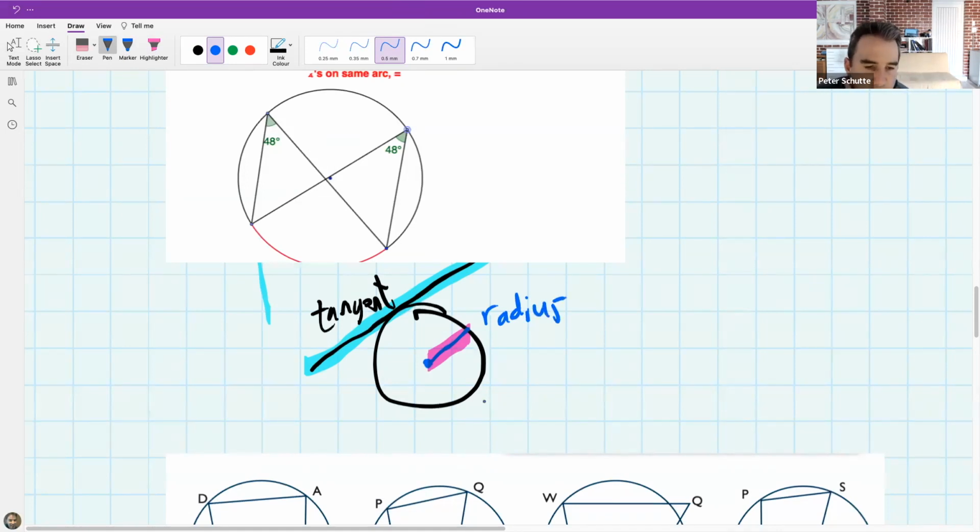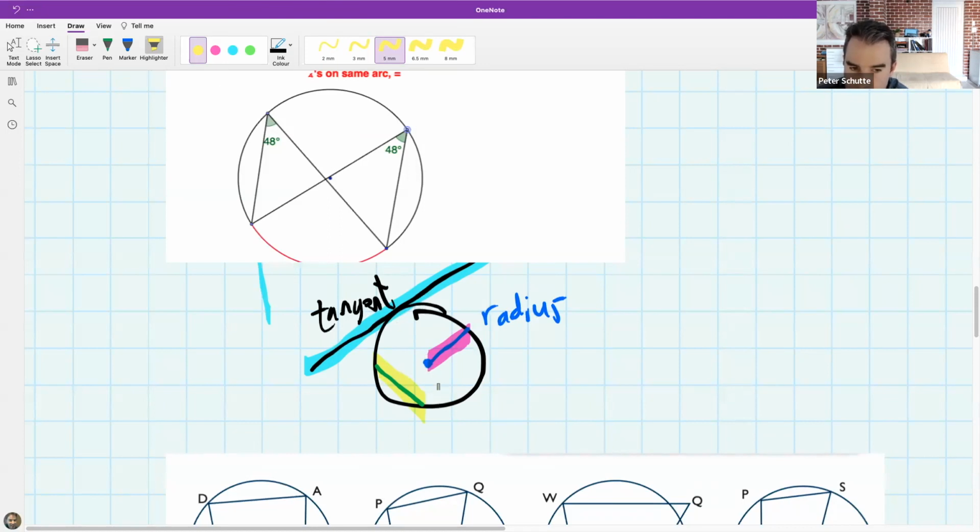And what is this line called? So that is called a chord because it's not going through the center of the circle.